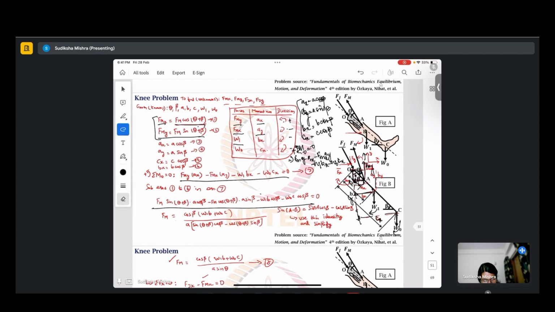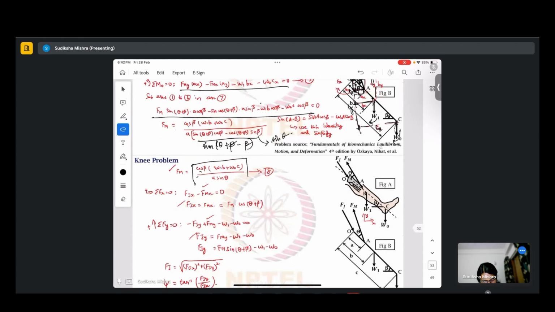We find that Fm is cos beta (W1 b plus W0 c), over a times [sin(theta plus beta) cos beta minus cos(theta plus beta) sin beta]. Now this particular thing is nothing but sin(theta plus beta minus beta). Beta cancels, so this results in sin theta. So Fm finally becomes cos beta (W1 b plus W0 c) divided by a sin theta.